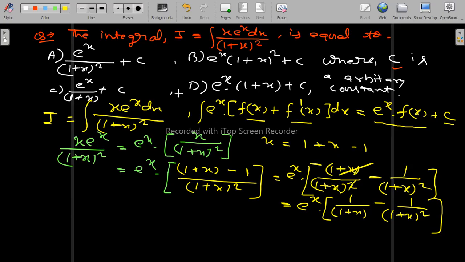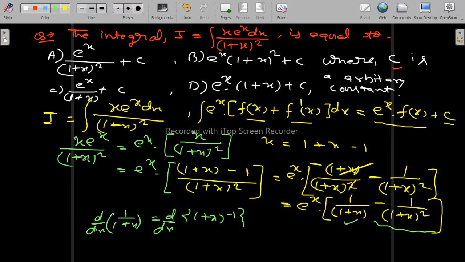Now pay attention to these two terms. Clearly you can see this is 1 by 1 plus x and this is minus 1 by 1 plus x whole square. That means if we take the function 1 by 1 plus x and find d by dx of it, that is the differential coefficient, I am just verifying it. So this is 1 plus x whole power minus 1. The differentiation formula says d by dx of x power n is n x power n minus 1.